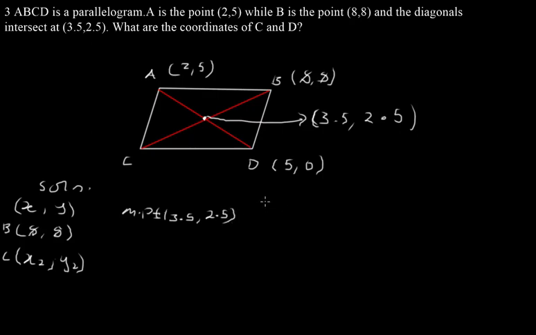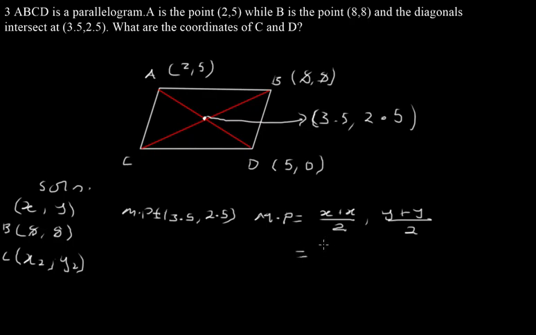And we do the exact same thing we just did to find D, and we said midpoint equals x plus x over 2, y plus y over 2. So what are the x coordinates?